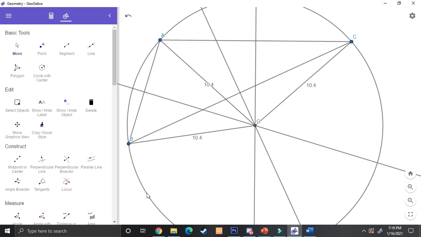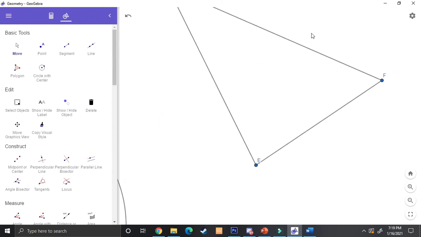A circumcircle is basically a circle that goes through all the points of the triangle. And point G is the center of this circle. Now, the theorem for perpendicular bisector is that the circumcenter is always equidistant to all of the vertices of the triangle.